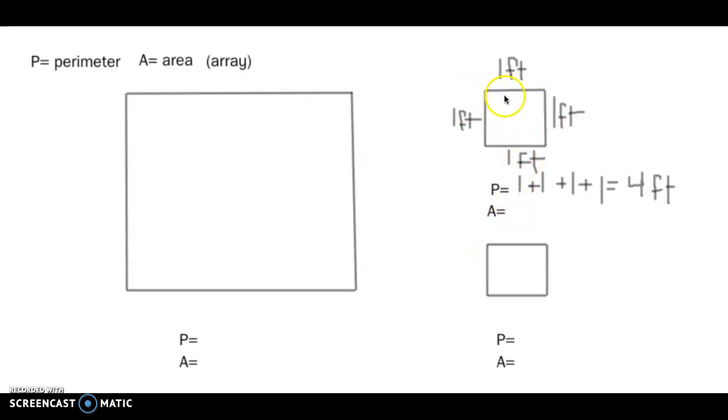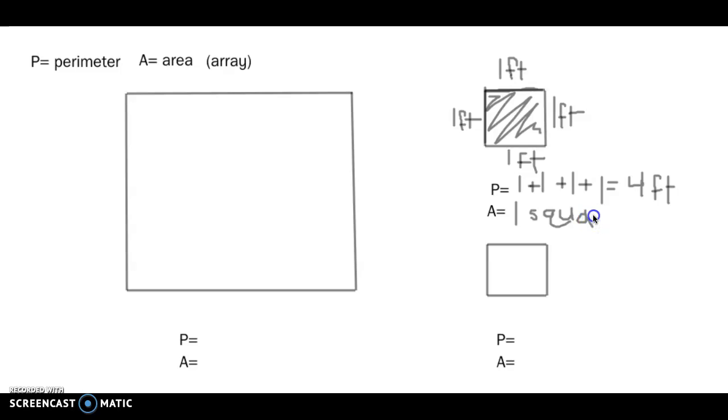Good. What's the area? The inside. Remember, we take one side and we multiply it by the side touching it. I can't go from this one and this one because what if our shape wasn't a square? So really it's how many squares are on the inside, but we have one big square and it's 1 times 1. 1 times any number is that number. 1, and since we're measuring in squares because it's the area on the inside and we have 1 square, we have to write square. 1 square foot.